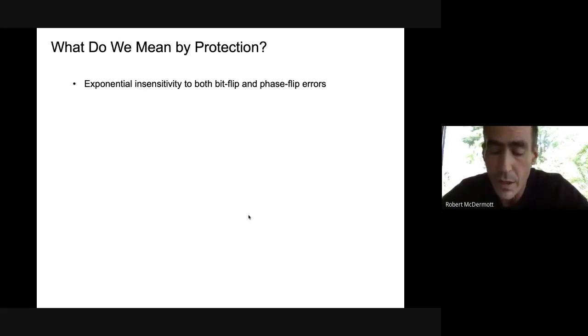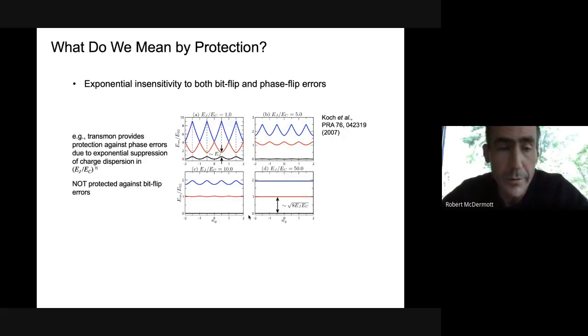Well, one example that we're, of course, all familiar with is the transmon qubit. Now here you take as the starting point a conventional charge qubit with EJ over EC of order 1.